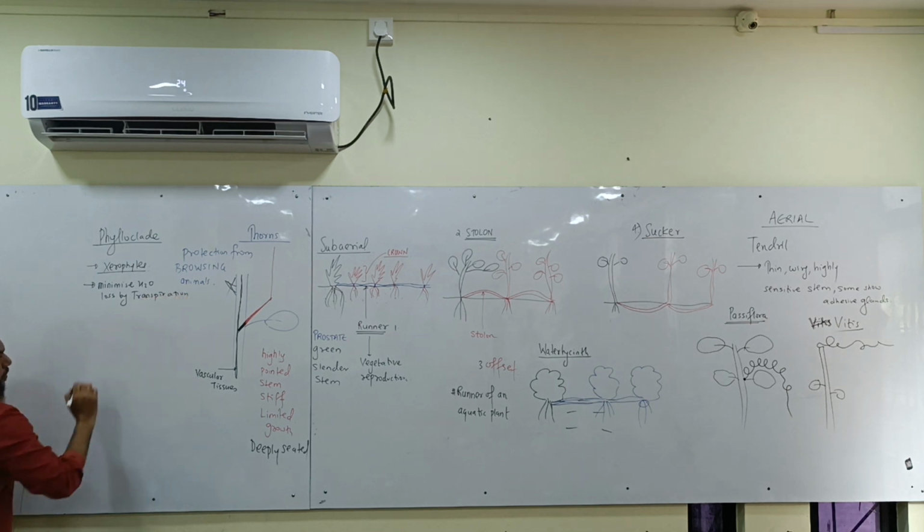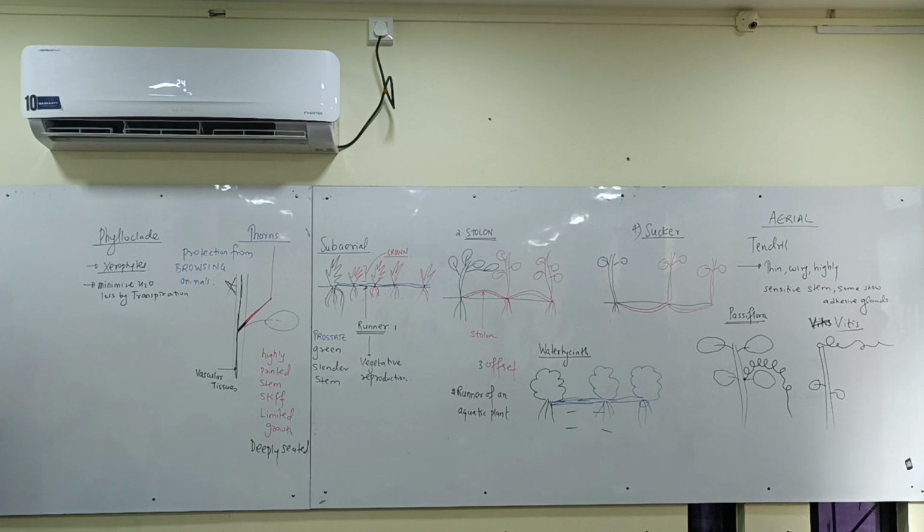Did you hear transpiration in school? The loss of water in the form of water vapors. Now the aerial part of the plant loses water by transpiration. Okay? So they are facing a problem of water loss by transpiration. So what they do is they reduce their leaves into spines.